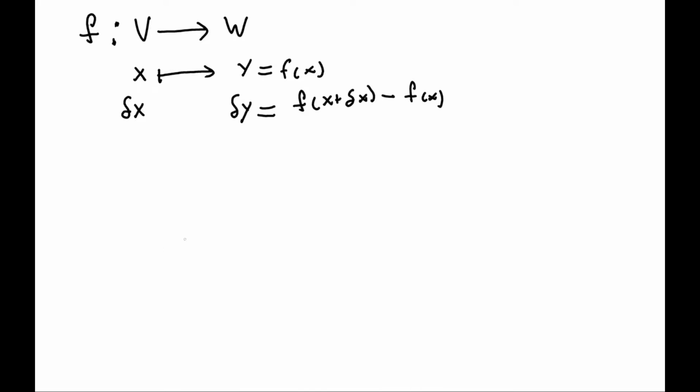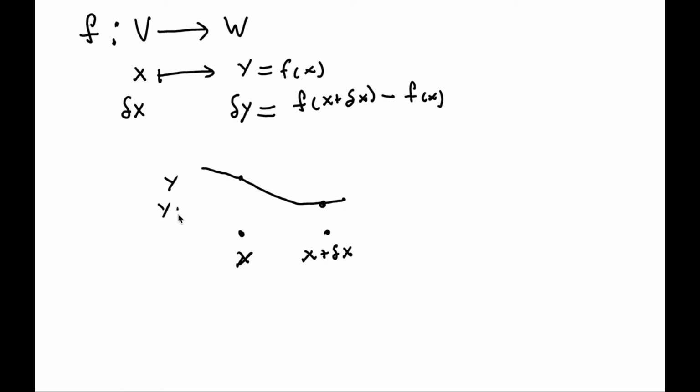So again, this is the same thing you study in calculus, right? So you've got an input x, you've got a nearby input x plus delta x. This input has output y, and you've got some function here.